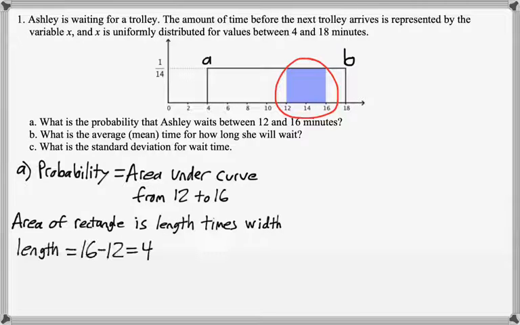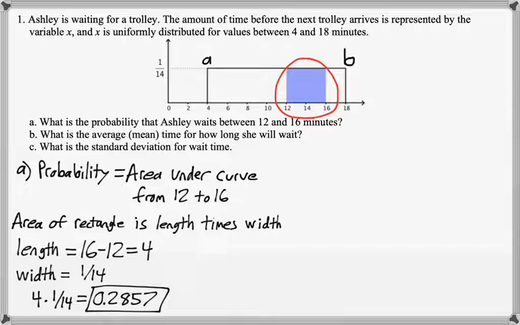So the length of that shaded region is 16 minus 12, or 4, and the width, or the height, is 1 over 14. So we want to multiply 4 times 1 over 14, and we get 0.2857.